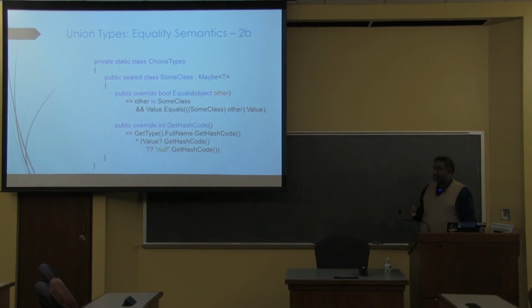The strong recommendation is once you get into using value semantics, you should really be using value semantics all the way through. However, if you do land up using string as one of the methods in there, then you will end up having to do the equality to be based on the string. So we'll have to generate specific code to make sure that the strings are compared as values, not as references. Yeah, it's a good question though.